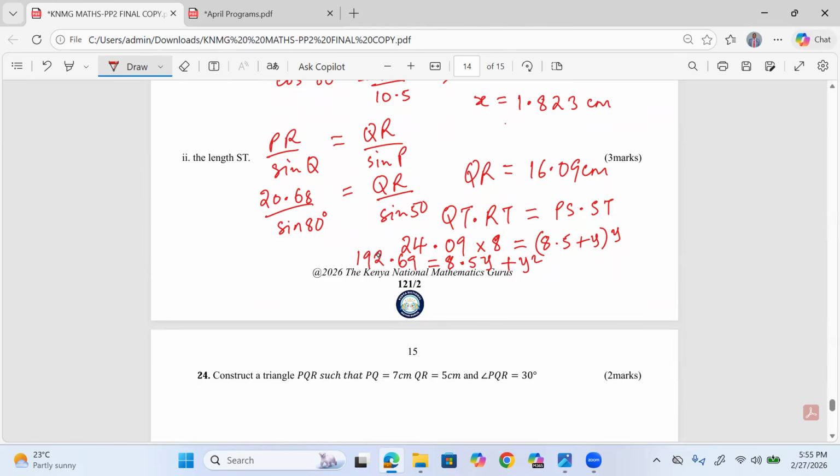This is a quadratic one, so we have Y squared plus 8.5Y minus 192.